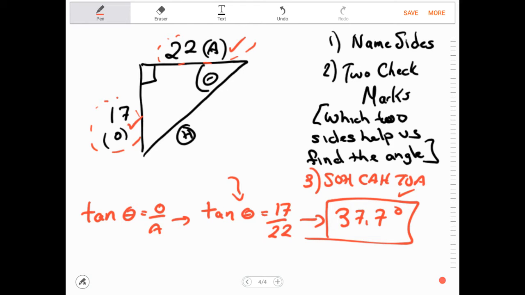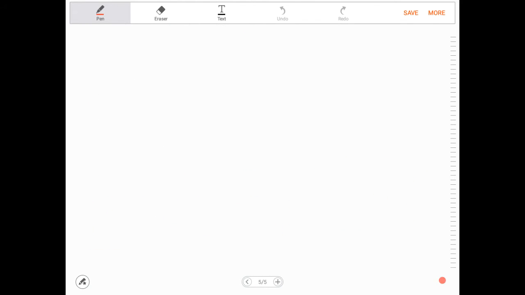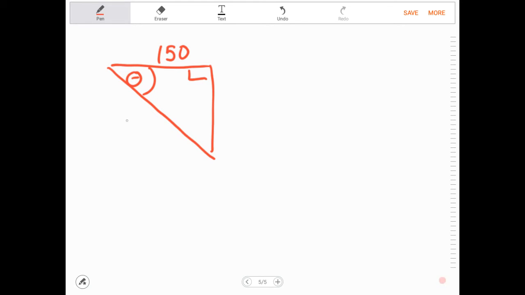Okay, let's try another one. Let's say we want this angle right here. I'm going to give you this side as 150, and I'll give you this side as 225. So nothing really has changed.